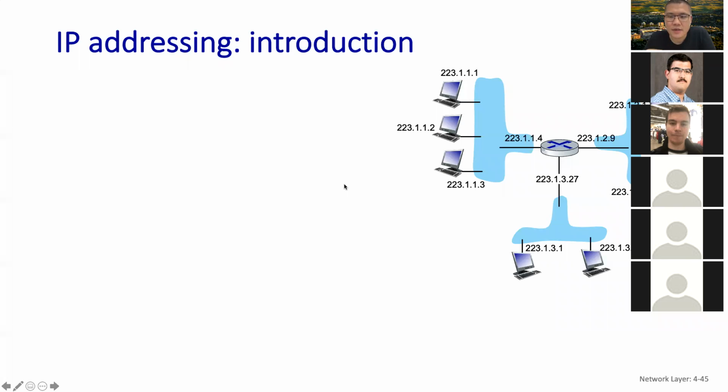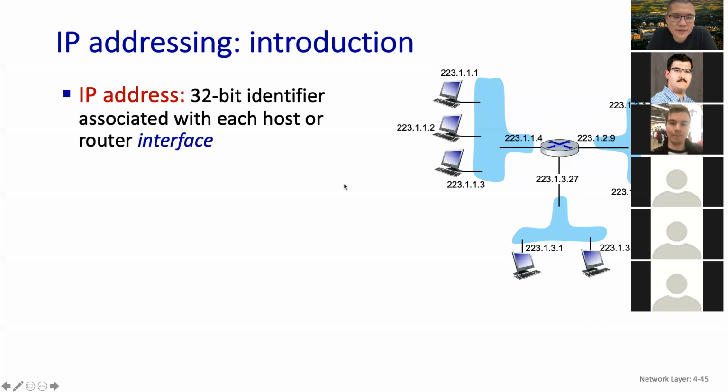But then we need to go to the lower layer. So assume we don't have DNS, and we only have something called IP. How do you use the IP address to access? How to do addressing using the IP address? So here is the key component about the IP addressing.